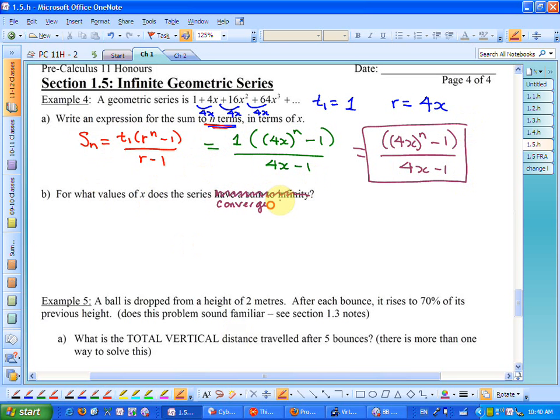Meaning the sum is a number, and not equal to infinity. So really what I'm asking you here is, for what values of x does this series converge, meaning you'll get smaller and smaller and smaller until you actually become a number.